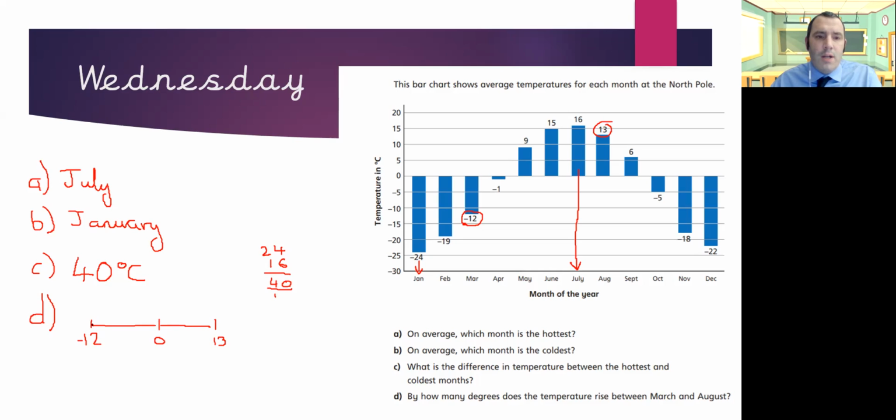To get from minus 12 to 0, we have 12. To get from 0 to 13, we have 13. So we just add those two digits or integers together. So 25 degrees Celsius will be your answer for that.